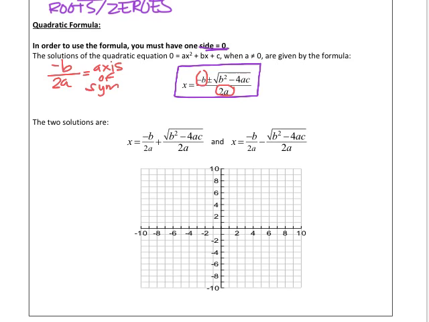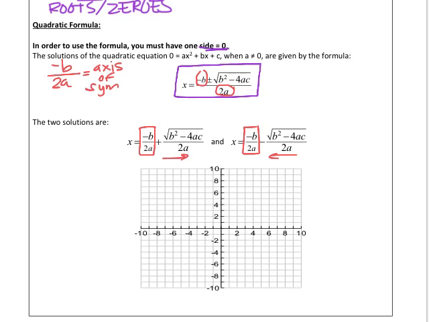Now the two solutions of an equation is going to be that distance from the axis of symmetry to the right and that distance from the axis of symmetry to the left. Okay, so we're going to have this plus the square root of b squared minus 4 times a times c over 2a.